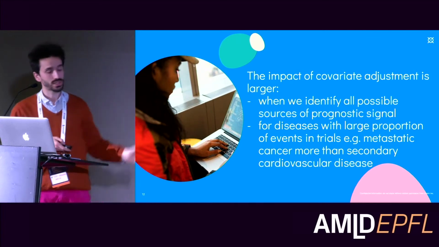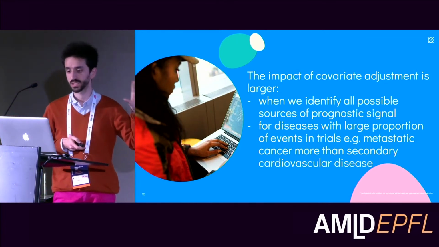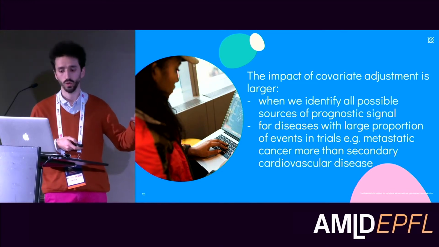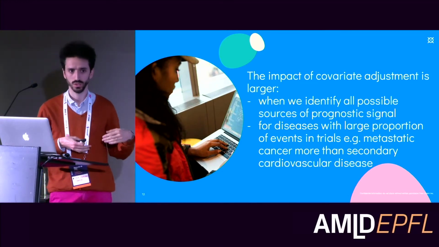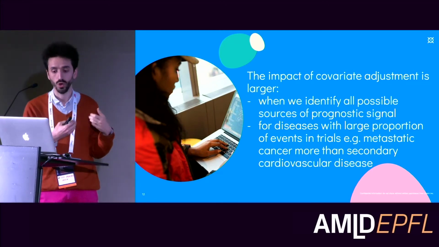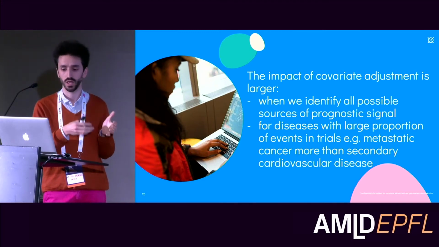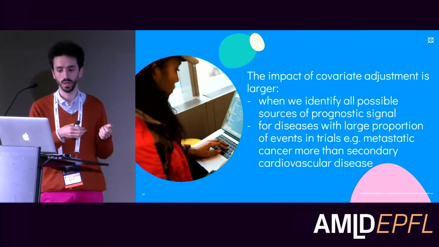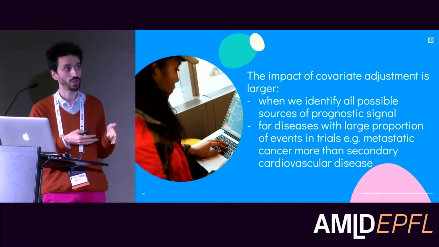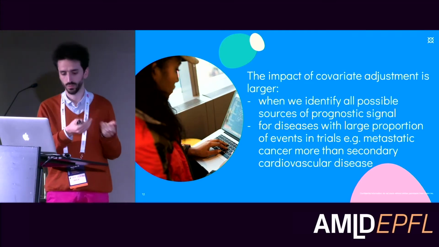So what's the key message here? The impact of covariate adjustment is larger when we identify all possible sources of prognostic signal, so that we maximize the C-index. And it's also more important for diseases with a large proportion of events in trials. So it's going to have a larger impact in metastatic cancer.